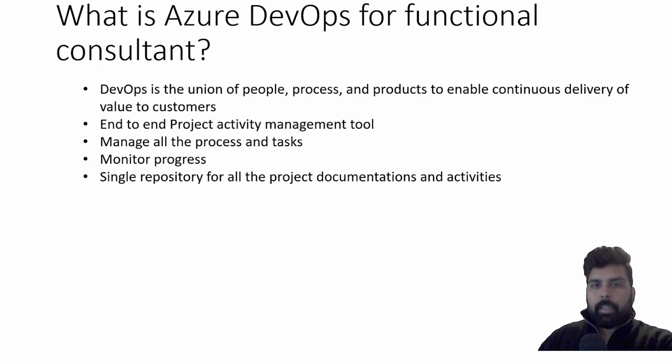But I have taken the first definition from the official Microsoft docs, which I can put in the description as well: DevOps is the union of people, process, and product to enable continuous delivery of value to the customers. If you understand that people, process, and product, it is aligned with the three pillars we have discussed: people, process, and technology. So Azure DevOps is the union of everything.